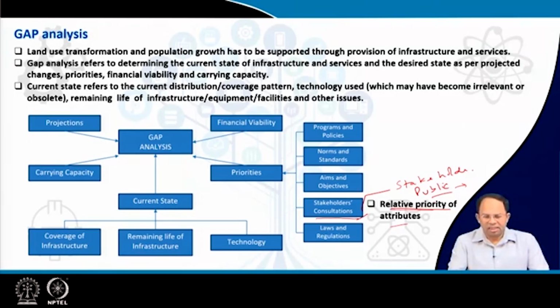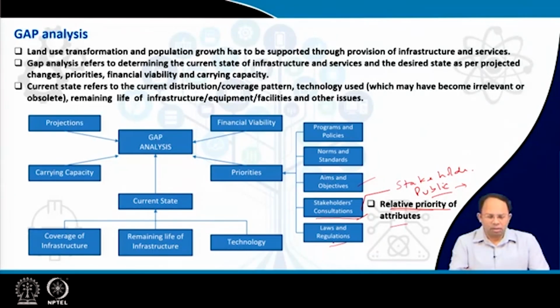Now, once this is determined, then along with the overall vision of growth for this particular city, the different laws and regulations which are already in place, these are the rules which are fixed for everybody, and these are there already to determine what sort of services need to be provided.